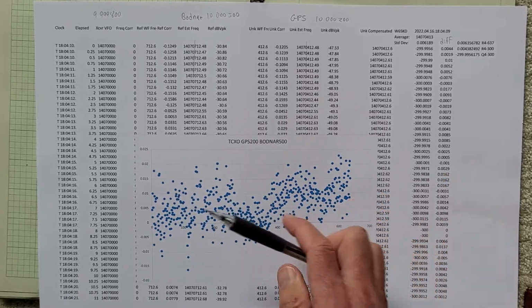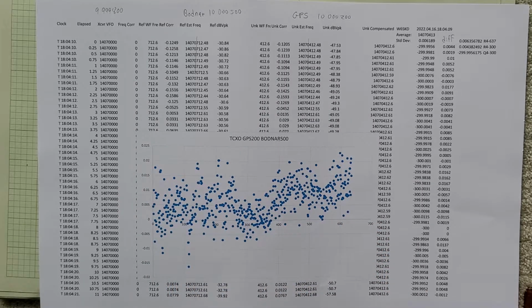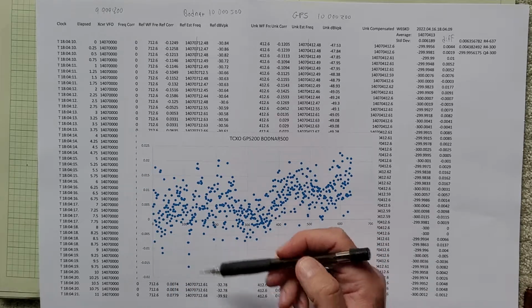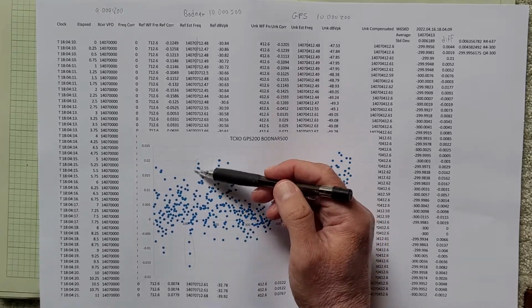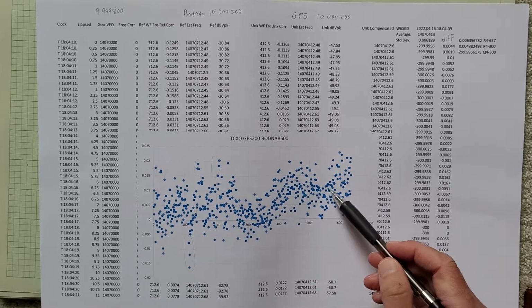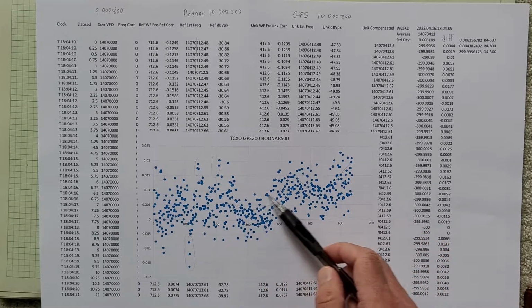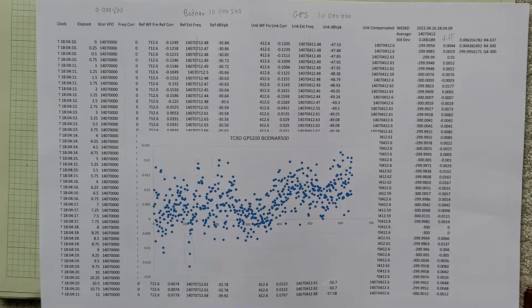That was just the differences I was measuring, and of course you can average those out, and you can see some things that look like large scale deviations. And here it looks like there was some temperature drift in either the Bodnar or mine. The Bodnar was sitting by a window, maybe the sun came out, but again, very, very well behaved.